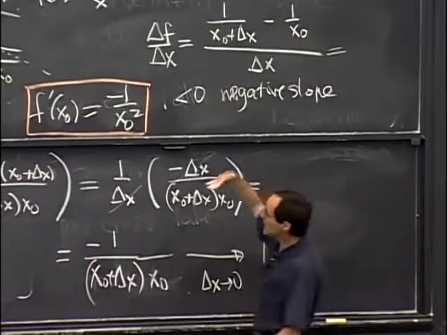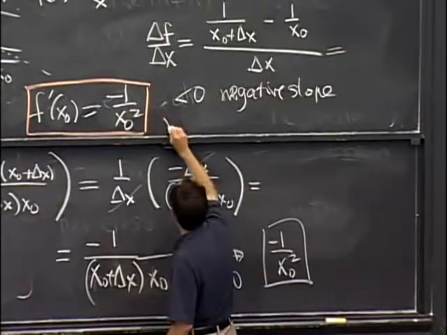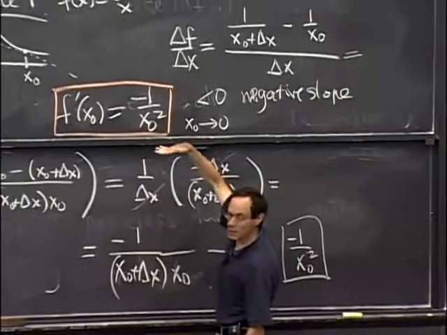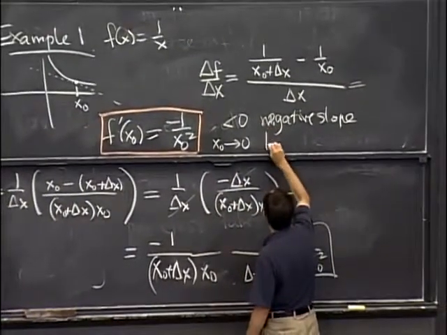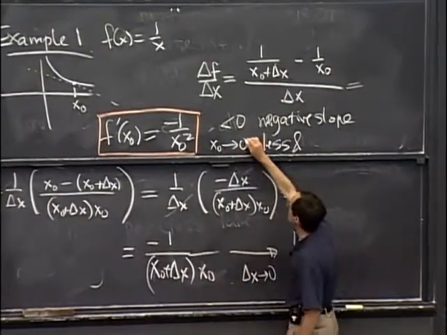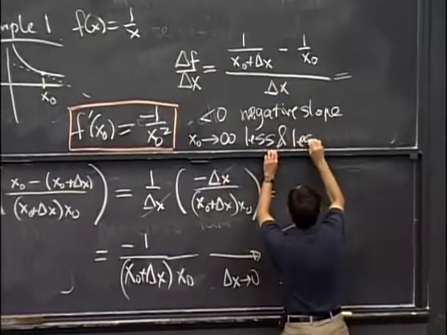And the second thing that I would just like to point out is that as x goes to infinity, that is, as we go farther to the right, it gets less and less steep. So, whoops, as x0 goes to infinity, not 0. As x0 goes to infinity, less and less steep.